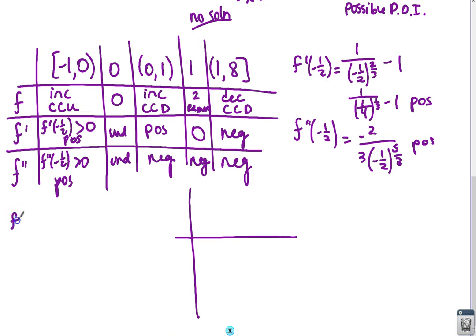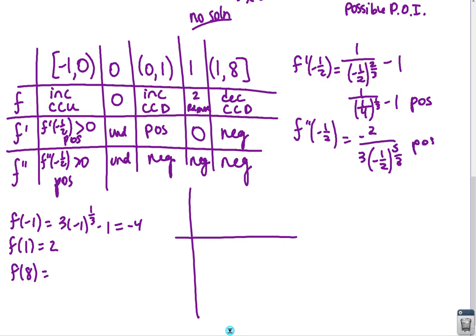So I need f of -1. I already know that f of 1 was 2. I need f of 8. So 3 times -1 to the 1/3 minus 1. This is going to be -3 minus 1, so -4. And then my notes from last year say -2.